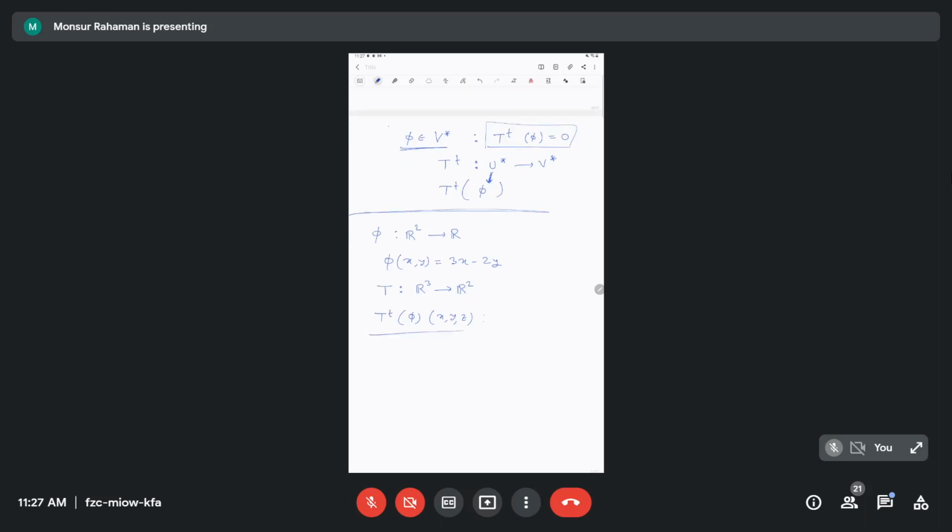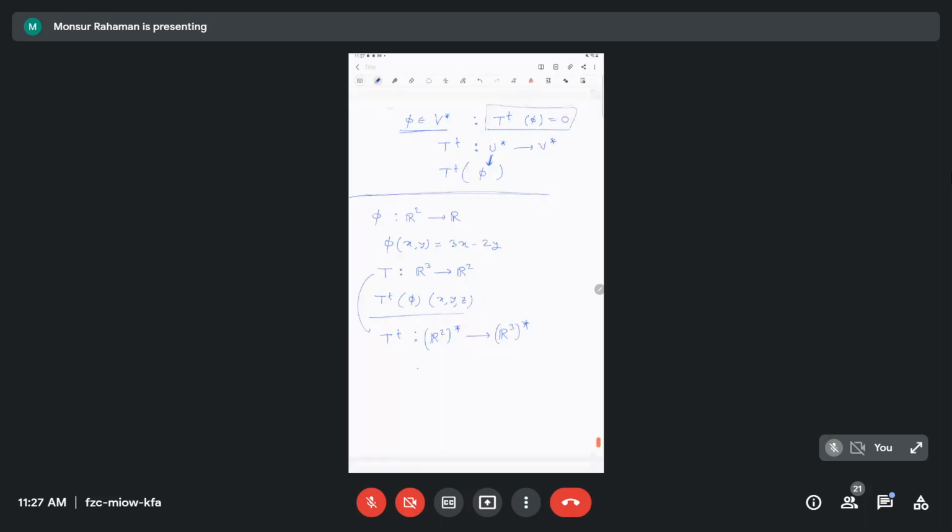First of all, what will T transpose be? By definition, T transpose is from R2 star to R3 star. So for any phi, T transpose phi is an element of R3 star.